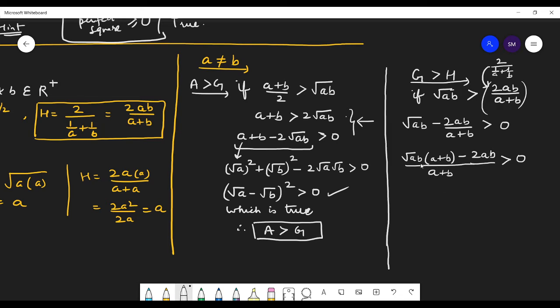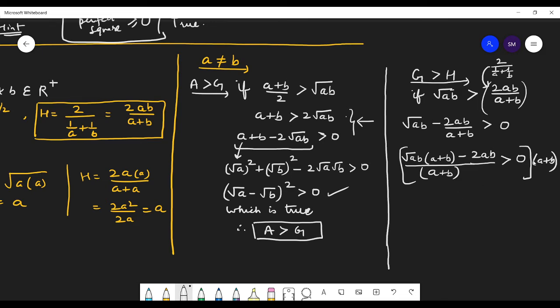Students, have you got this step? Taking LCM, a plus b? Yes, sir. Now students, multiply both sides with a plus b. Okay? Multiply both sides with a plus b.